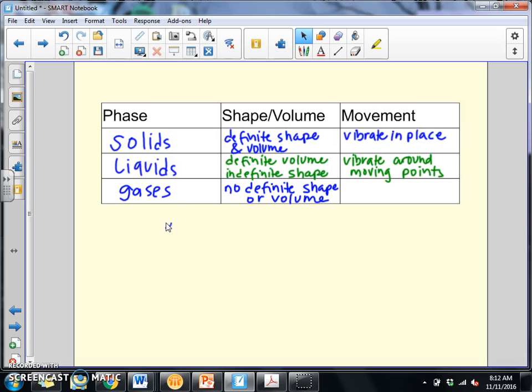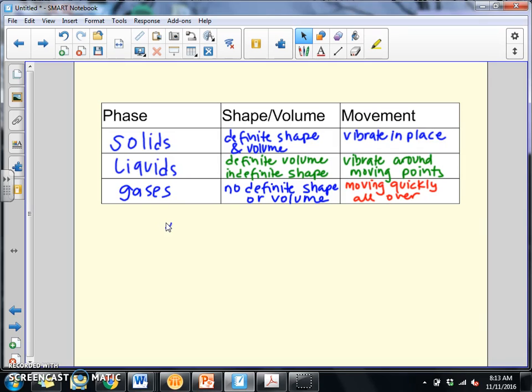They have no definite volume, and they don't have a definite shape. We know that balloons can be formed into all different types of shape. And so their movement is they are moving quickly all over. Okay? They are not just vibrating, they are moving quickly.